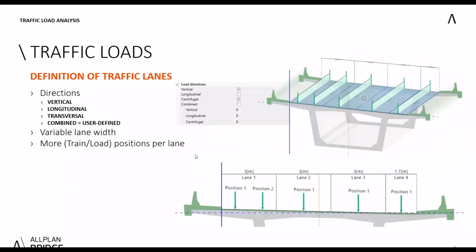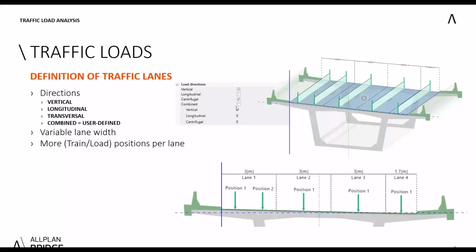And then when we define those lanes, we can tell the program for which direction we want to evaluate the influence lines. Usually you will have the vertical direction, but it could also be that you want to investigate the centrifugal load, or maybe also some braking force in longitudinal direction, if you want to evaluate this also on the basis of influence lines.